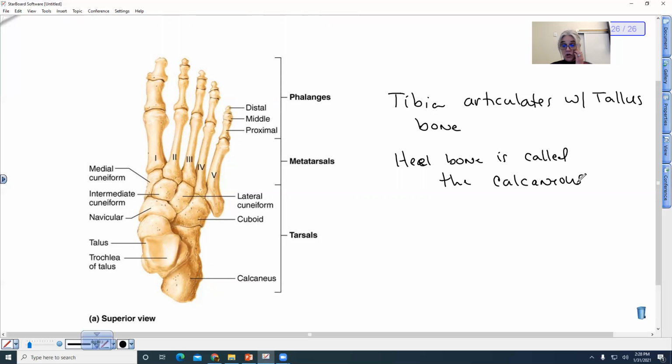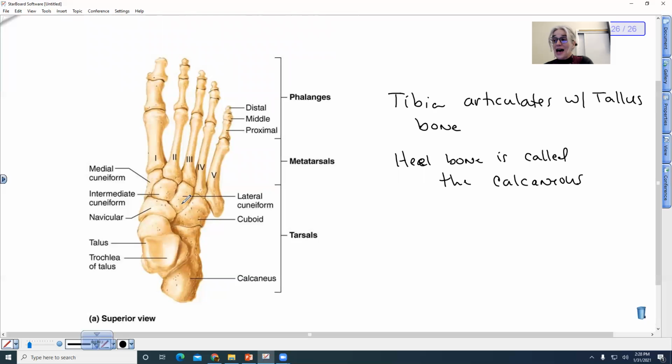Okay. You do need to know the tarsal bones. So sometimes it's easy to remember them based upon their shape. If we think about it, our pinky toes are on the lateral side. And so moving from lateral to medial here, you have the cuboid, and then you have what are called the cuneiforms.